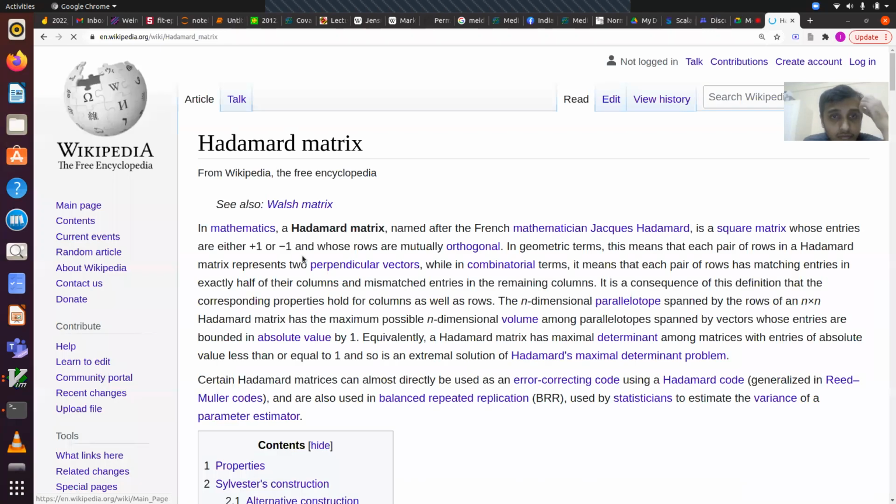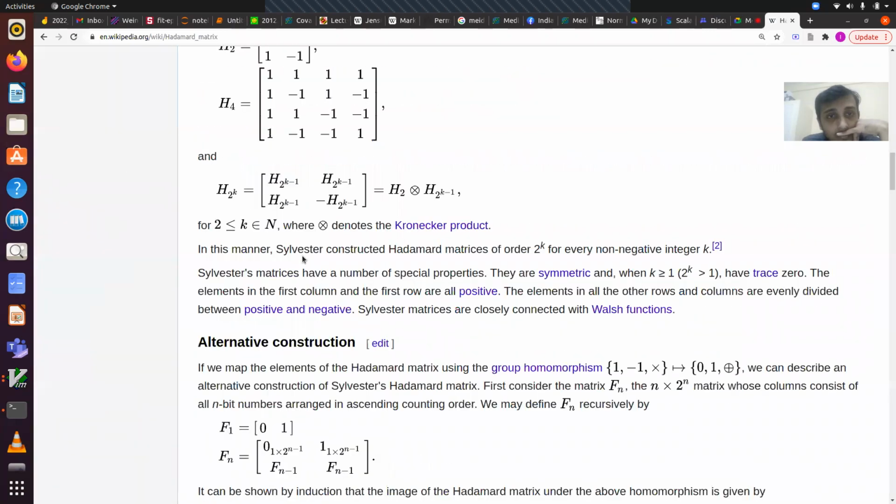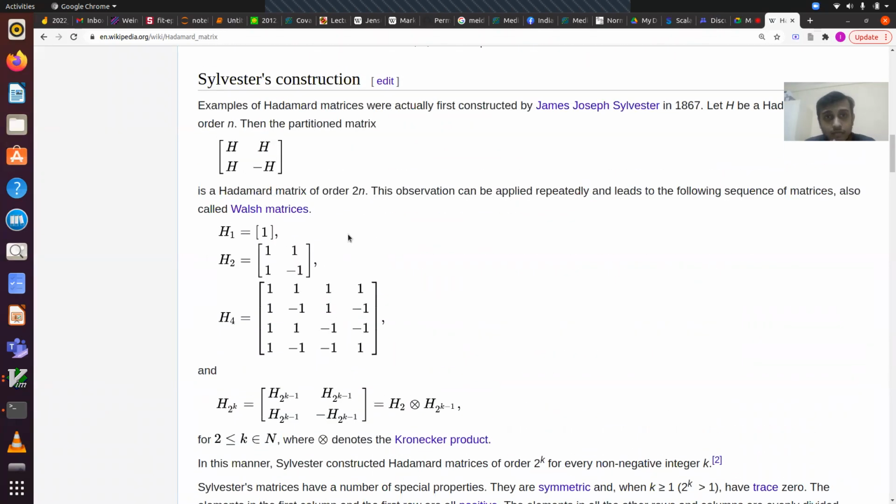Then what do I have to do, sir? This one is the formula. H to the power of k, construction of H4. Sir, H to the power of k is this. Okay, sir, this is the formula.